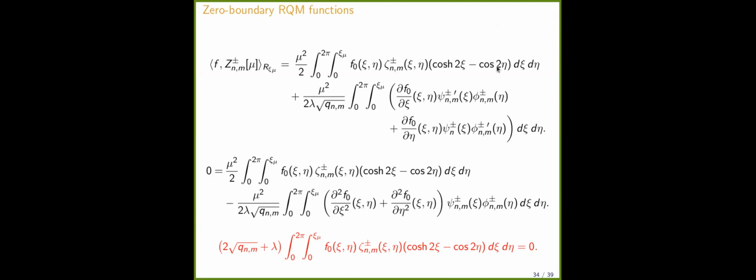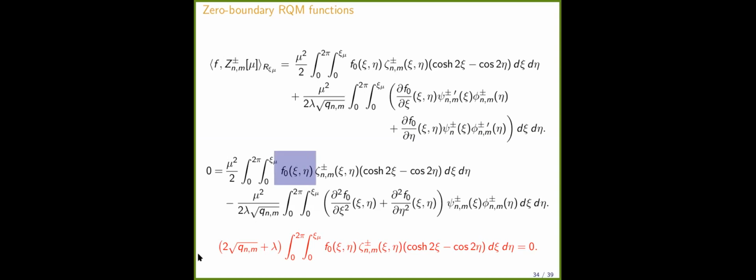And when you finally use all of these properties in a beautiful way, you get that if f is orthogonal to all of these basic elements, then 0 is equal to the sum of 2 integrals on the right-hand side. But if you look here, we have the quadratic Laplacian, the elliptic coordinate Laplacian of f, and here we have the f naught.